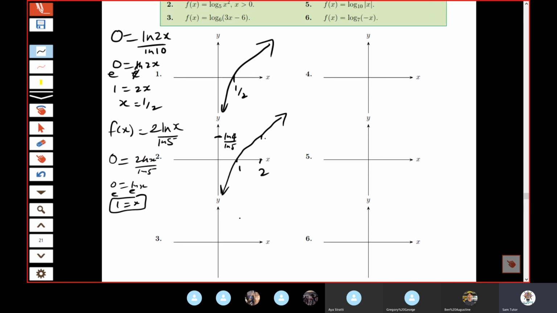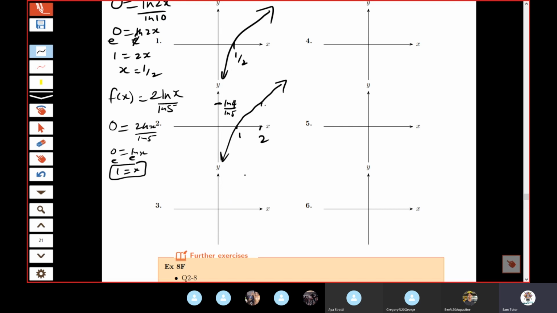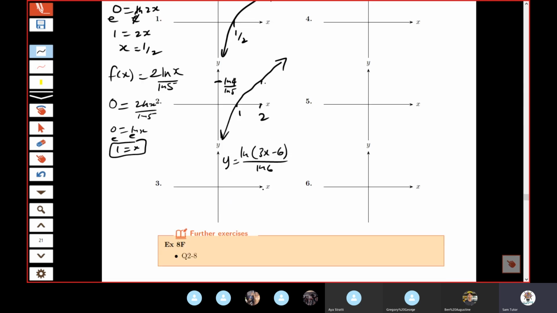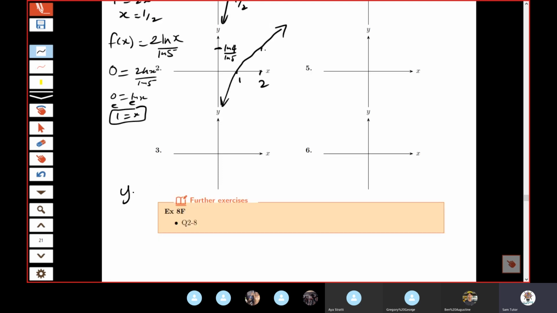Let's try number 3. Log 3x take away 6 on log 6.